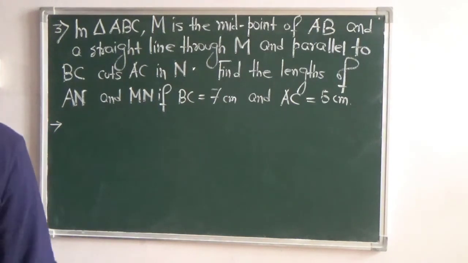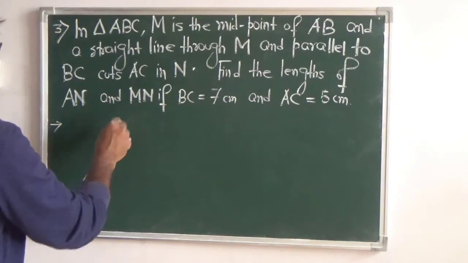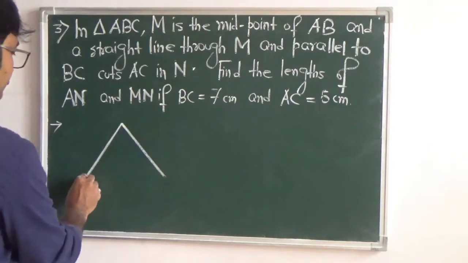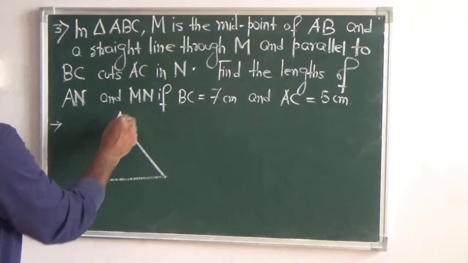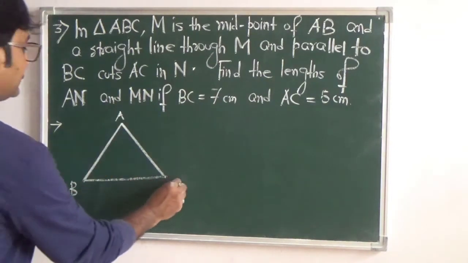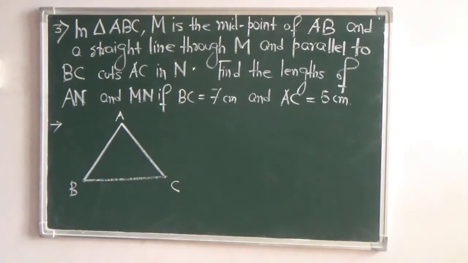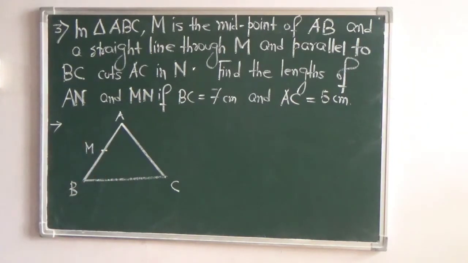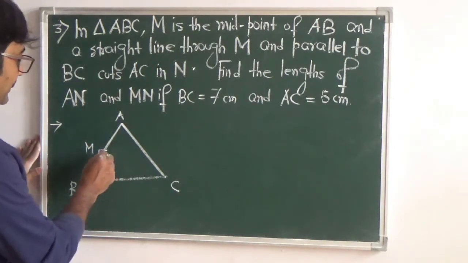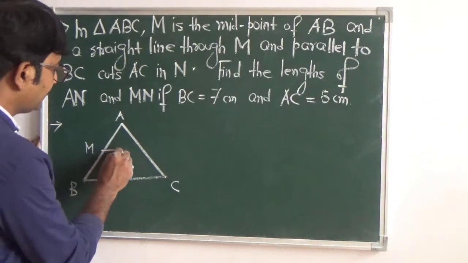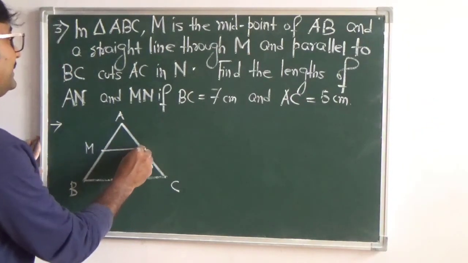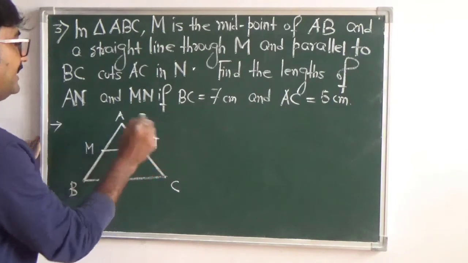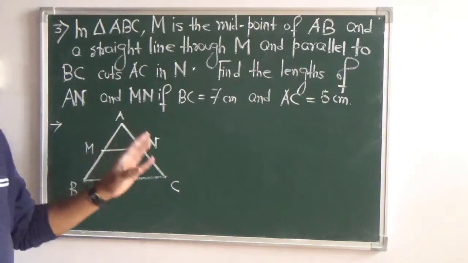In triangle ABC, M is the midpoint of AB. A straight line through M is parallel to BC, so from M we draw a line parallel to BC which intersects the line AC at N. So this is the converse of the midpoint theorem.